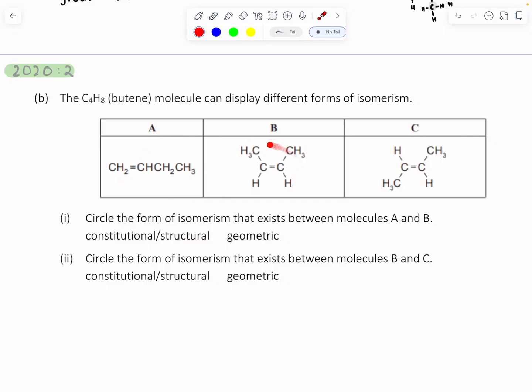Are these structural isomers of one another, or are they geometric isomers of one another? If you need to revise again on what structural isomers are and geometric isomers are, please scroll to my notes, scroll back to this video, and have a go at testing your understanding again. But pause this video and take some time to decide what type of isomerism is happening between these two molecules.